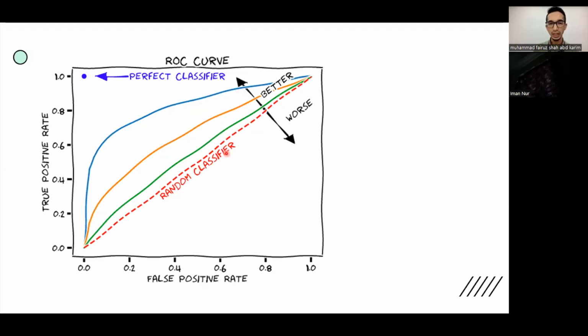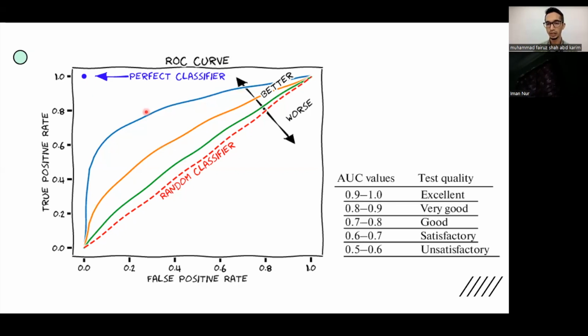Okay, in this case, you can see the blue line here is a better prediction model compared to the green and the orange, because the graph is curved, pointing more towards the level of 1.